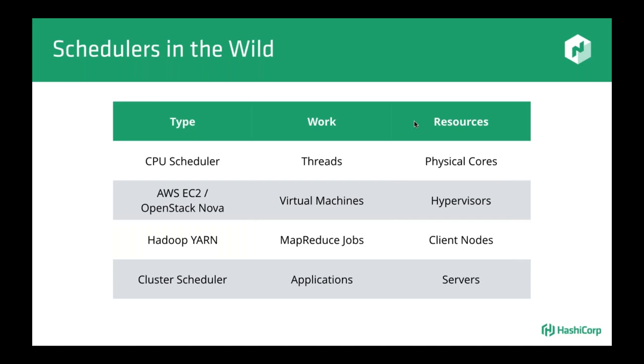We have query engines, things like Hadoop Yarn, which are mapping queries like MapReduce onto the client nodes that can execute them. And then lastly, when we talk about cluster schedulers, things like Nomad, we're mapping a set of applications onto a set of fixed servers. So this is really what we mean when we talk about Nomad being a cluster scheduler.